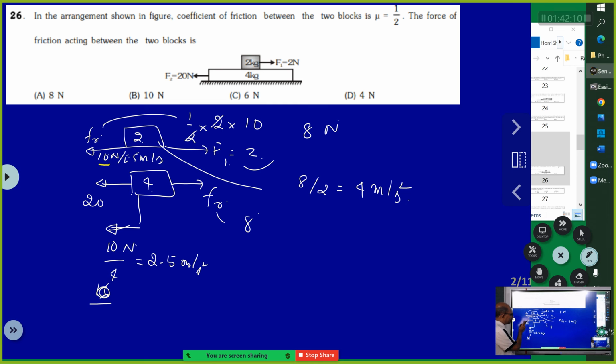So this block is going here. The acceleration of the top block is more than the second block. The frictional force should remain continuous. Friction force will remain as 10.